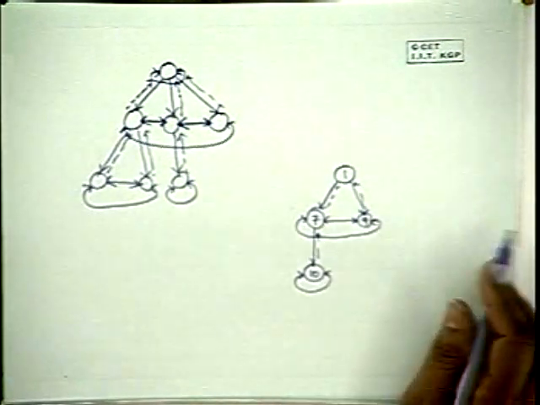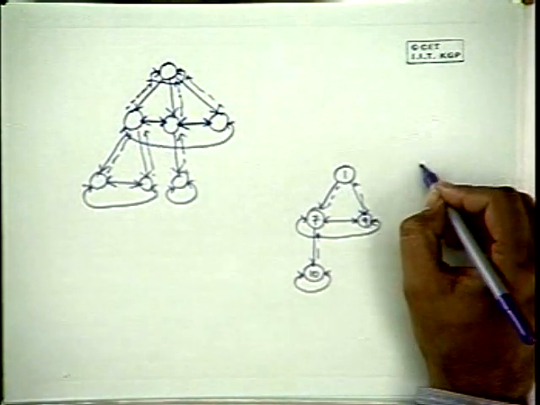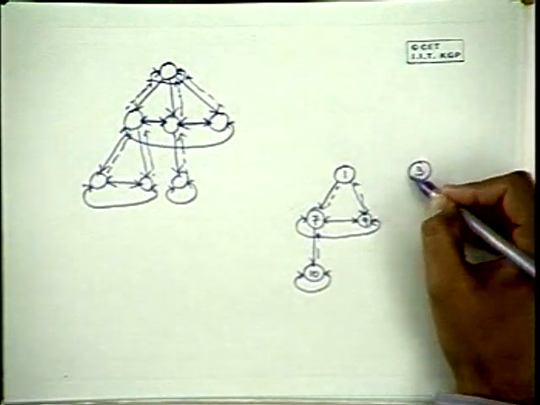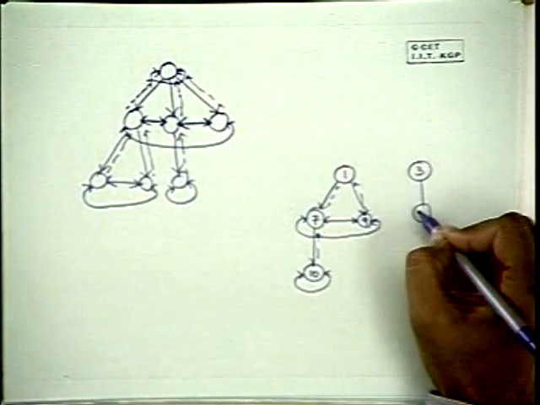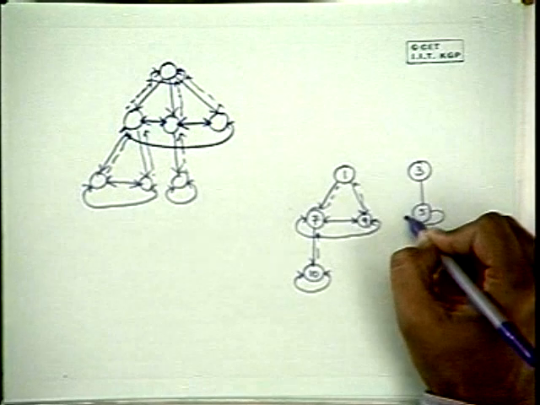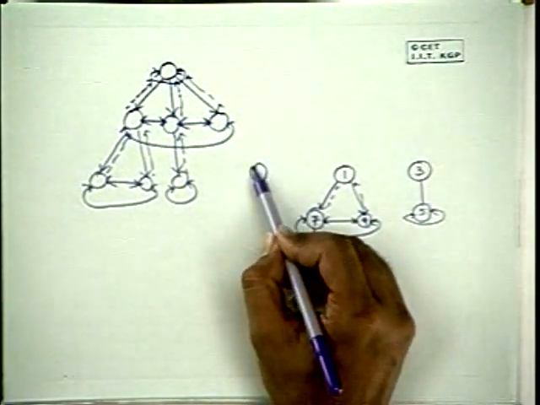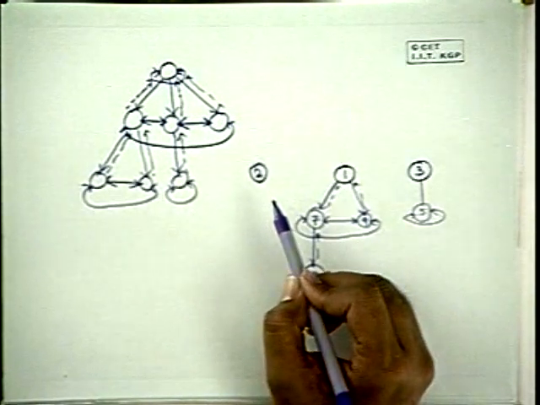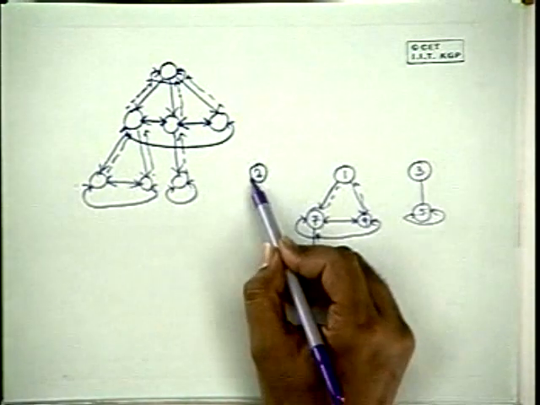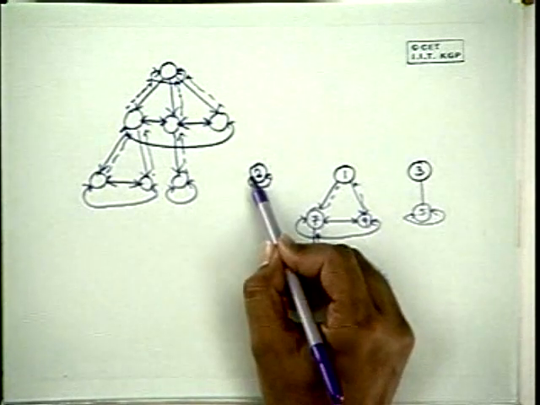So this is one heap ordered tree I have taken. I may have another heap ordered tree, say 3, and it has only one child, say 5. I may take another one which is a single node itself. Yes, it is circular, suppose.